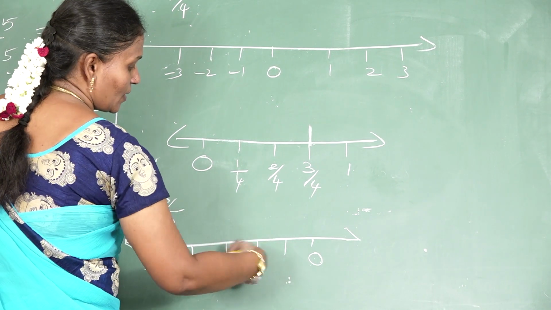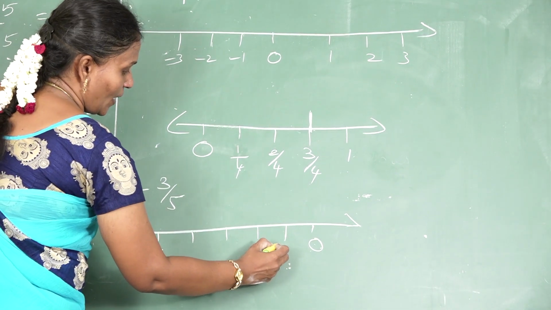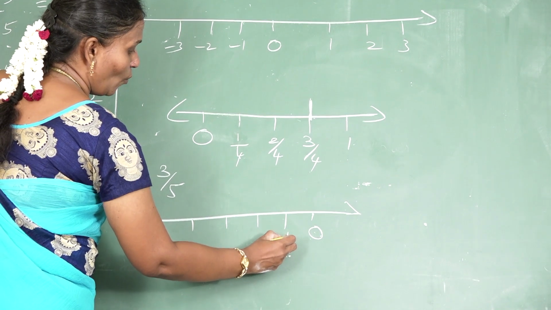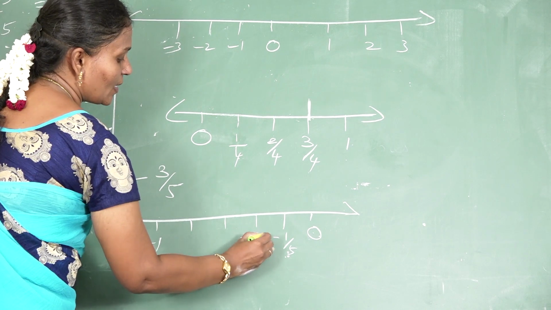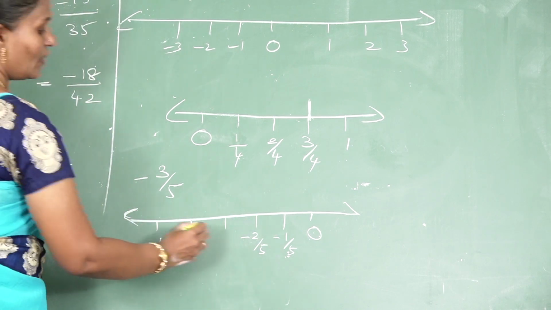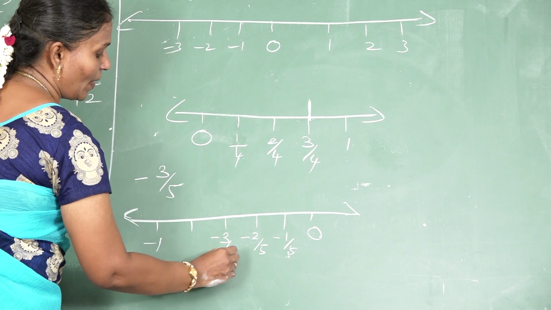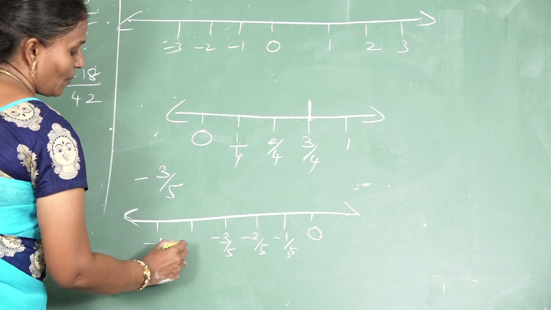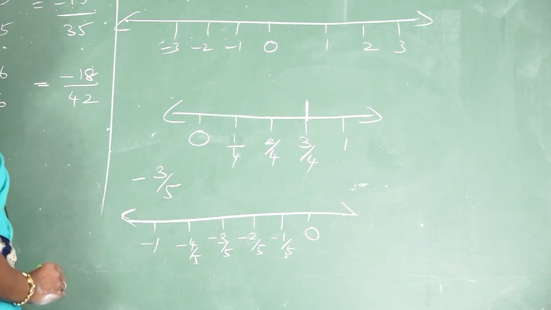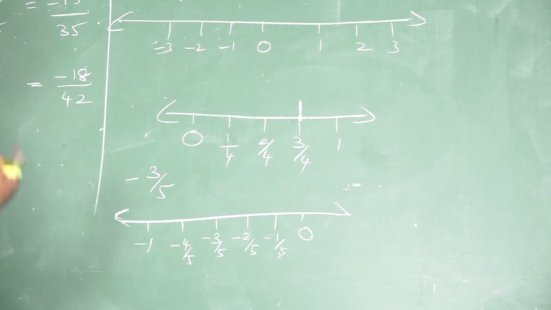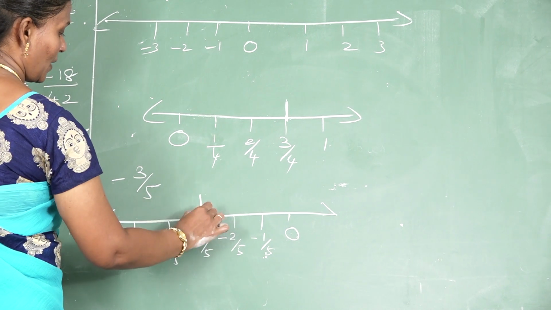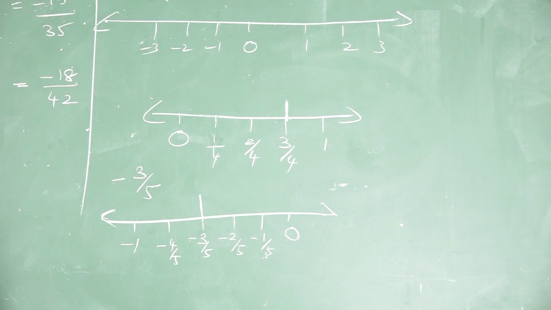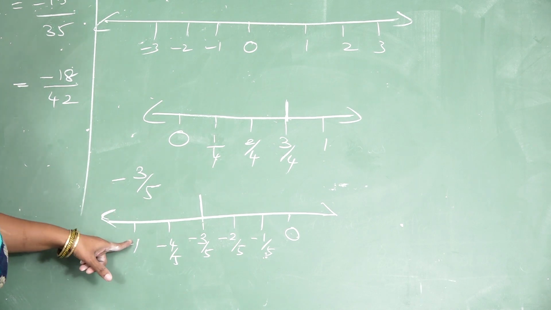So, from 0, the first one indicates minus 1 by 5. The second one is minus 2 by 5. Then third indicates minus 3 by 5. The fourth one is minus 4 by 5. Understand? So, where is minus 3 by 5? Here. So, this is the place of minus 3 by 5. Okay? Do you understand now how to represent the rational number on the number line?